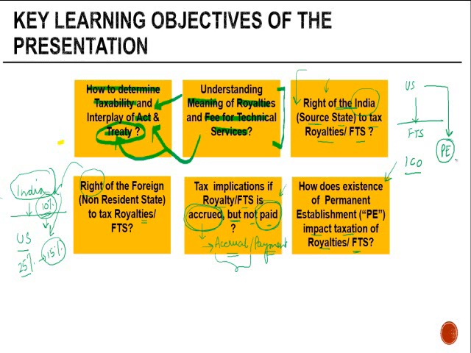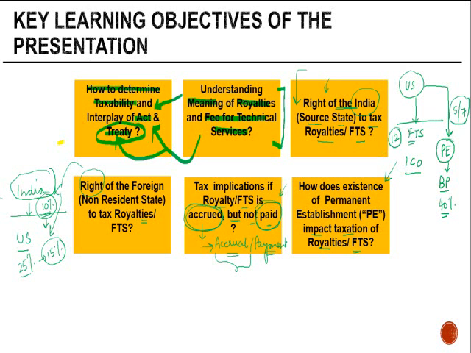PE is relevant in order to tax the business profit, where the tax rate applied is 40% on the income, right? The question which comes up is, in case there is a PE, would the taxation be as per the clause relating to royalty and FTS, which is typically Article 12, or will it be relating to the PE, which is Article 5, read with Article 7?